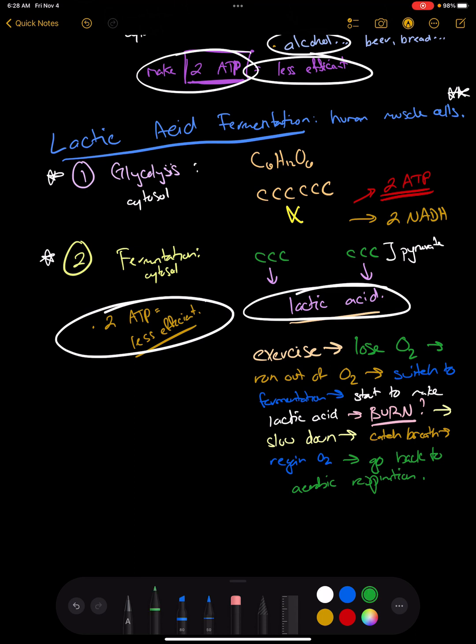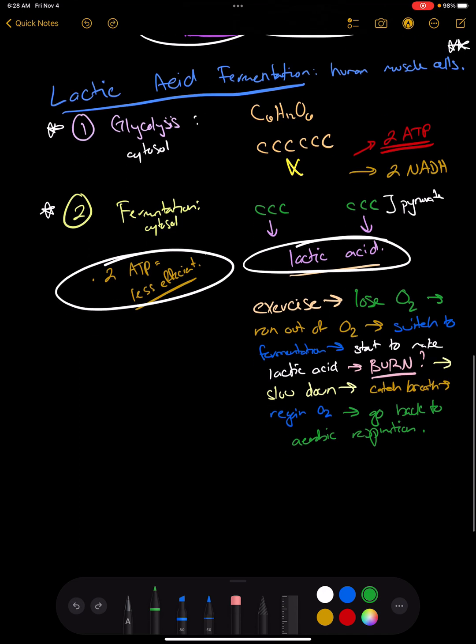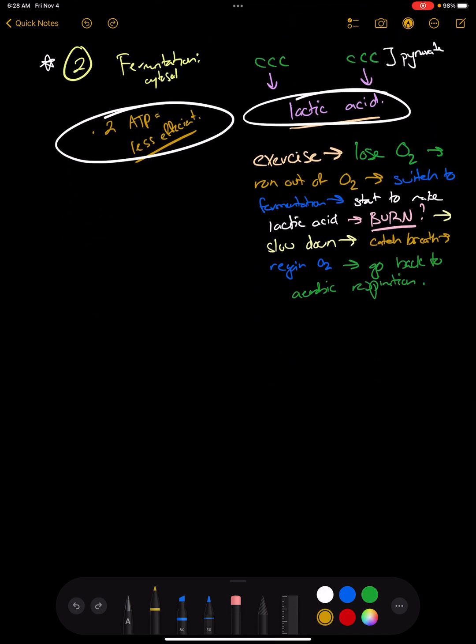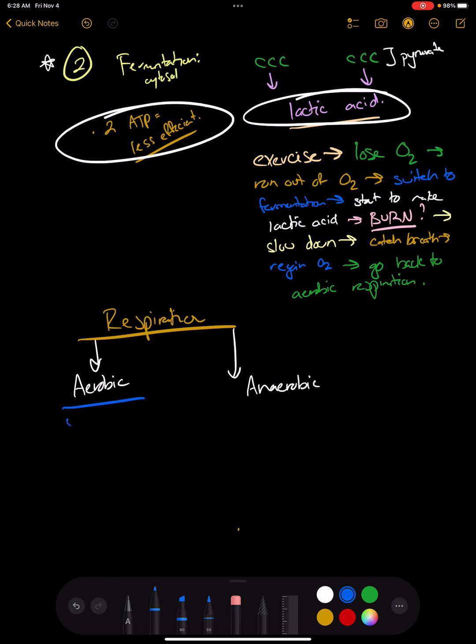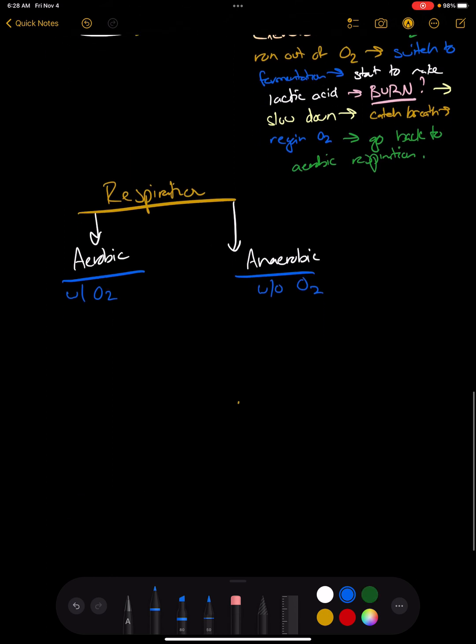So in the end, let's go ahead and make a nice little chart super quickly. When I talk about respiration, there are 2 kinds, okay? I have aerobic, and then I have anaerobic, right? Aerobic respiration, this is with oxygen. Anaerobic, this is without oxygen.